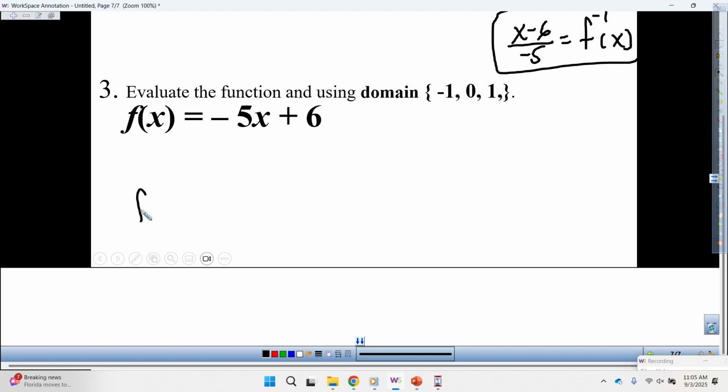Next, we need f of negative 1, an answer, f of 0, an answer, and f of 1. Check with your neighbor, and Autumn's going to pass it to someone. Check with the neighbor what you got for those 3.